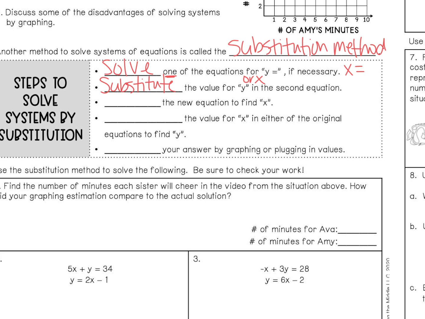Then we're going to solve that equation for x or y. Then we're going to take what we get, and we're going to substitute it back in for x or y, whichever we have, to find our other value. And we can check by graphing or by plugging our numbers into our calculator, okay?